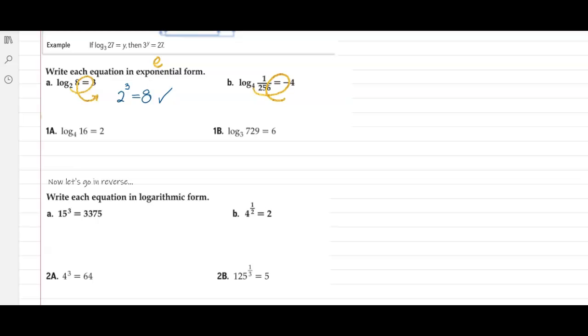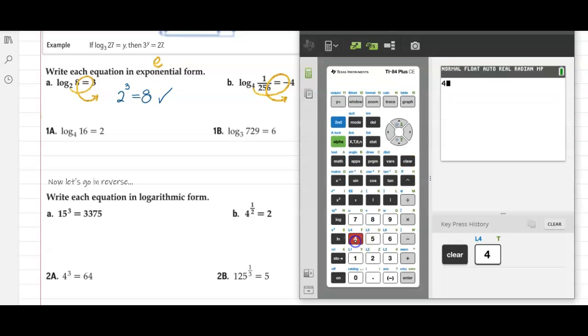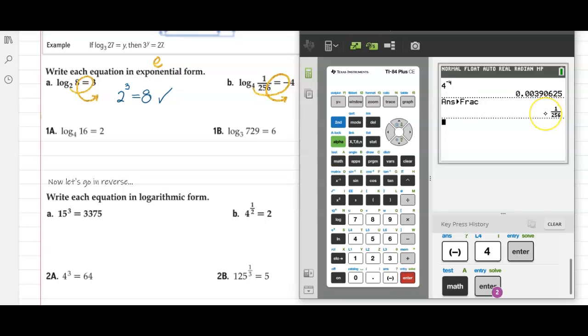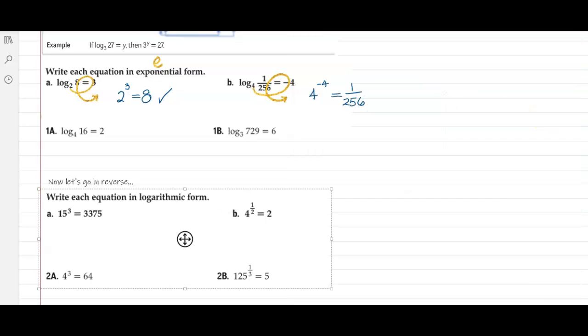4 to the negative 4. 4 raised to the negative 4 power equals 1 over 256. Let's see if that's right. 4 raised to the negative 4 power equals, and now I'm going to press math, enter, enter to bring it back as a fraction, 1 over 256.